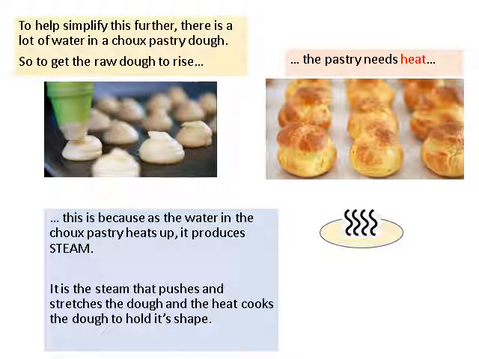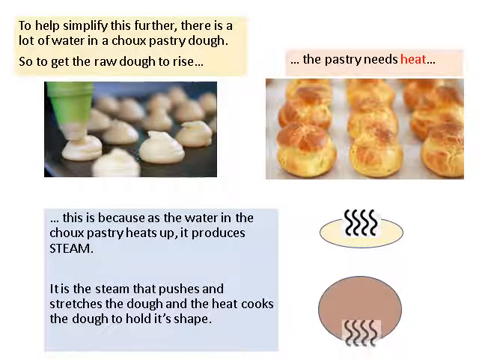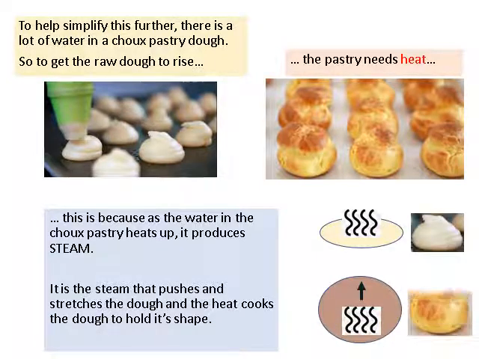The flour is holding its shape, and the steam is helping it to rise, and therefore it's creating that little pocket in the middle that you can pipe the cream or whatever you wish into within the choux pastry.